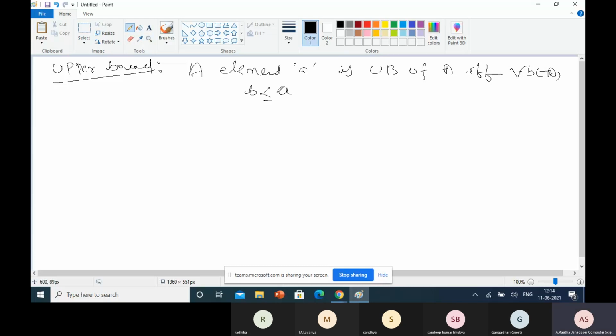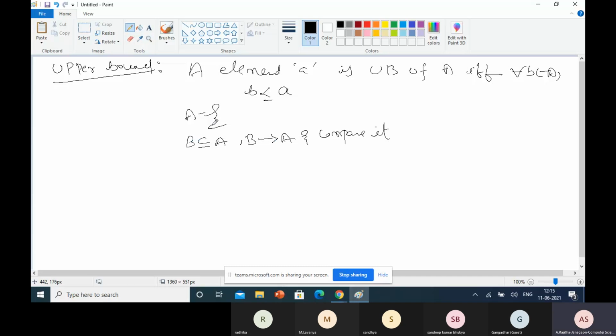That means, suppose A is some set of elements, and B is some subset of this A. Now consider B related to A and compare it based on the given relation.